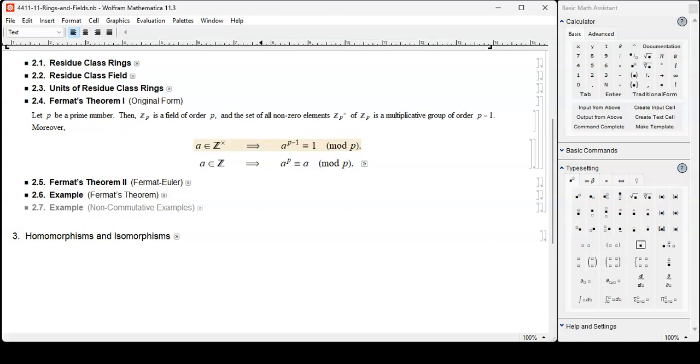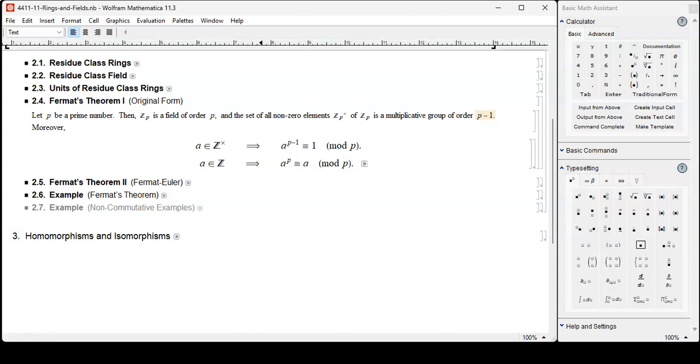So how do you prove that? Well, the key idea is this. This Zp star is a multiplicative group of order p minus 1. So every element here, let's say a, or this is a residue class, so a bar, has order that divides p minus 1. And what's the order of the element? Do you remember that?